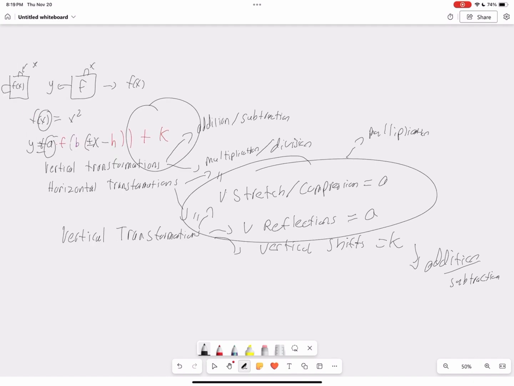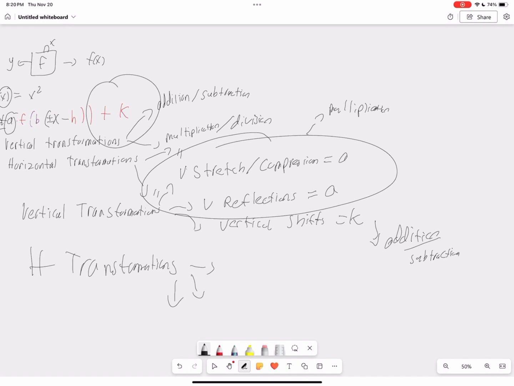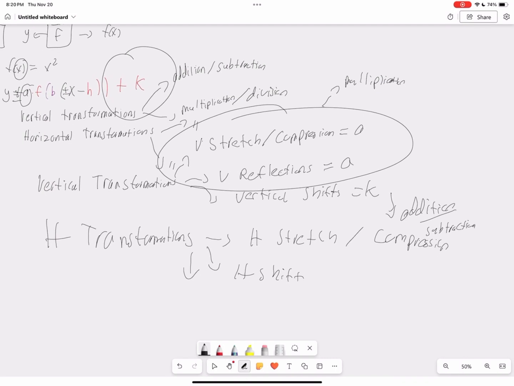And with the horizontal transformations, again, you have an H stretch, horizontal stretch, slash compression. This one's a little annoying, but we can go over it. You have an H shift. This one's pretty easy, but also pretty annoying, but we can get over it. And then this is an H reflection.